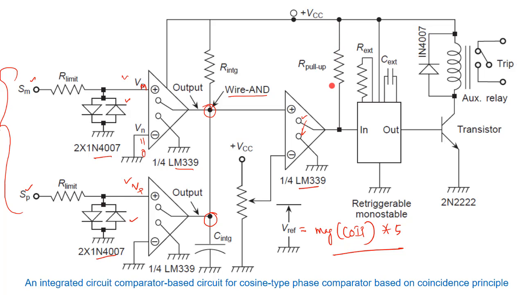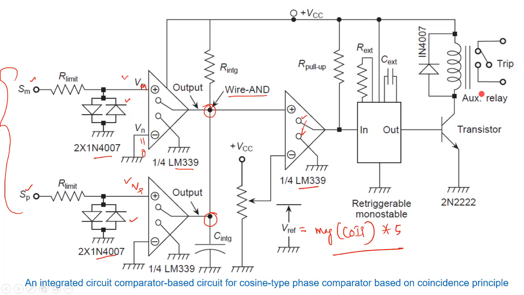So, that in fact gives us a pulse, and this pulse will come at every positive cycle. So, if it is fed through the retriggerable monostable circuit, then we will get the output, right.